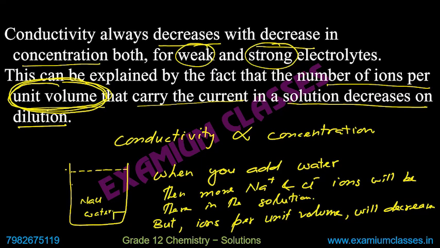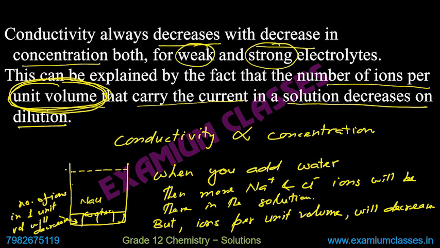Means if this was the unit volume, this is the unit volume, this is the unit volume, whatever number of ions were here earlier, the number of ions per unit volume will be less. Total number of ions will be more than the previous case, but per unit volume, it will be less. That's why conductivity will decrease on dilution.